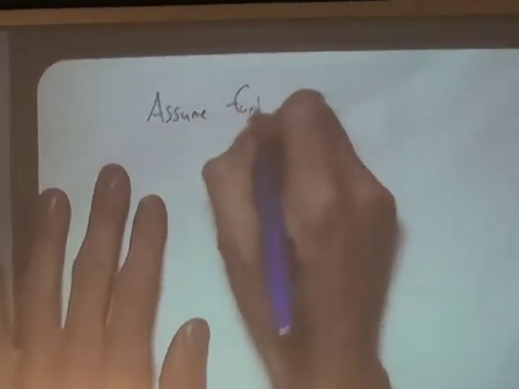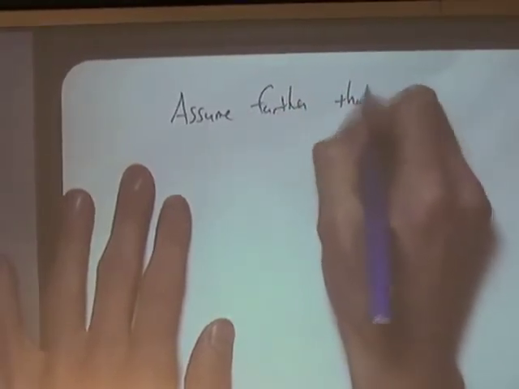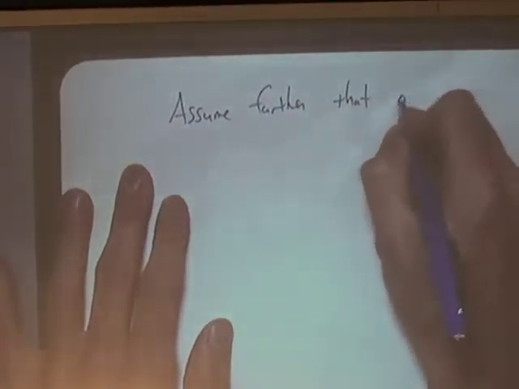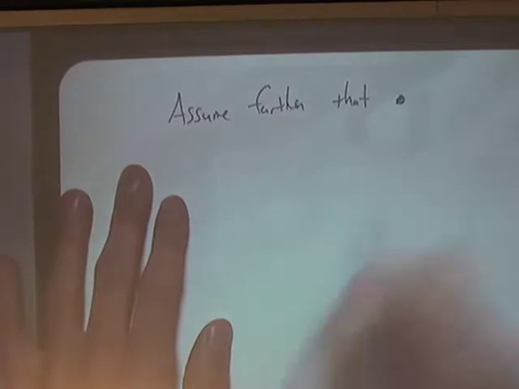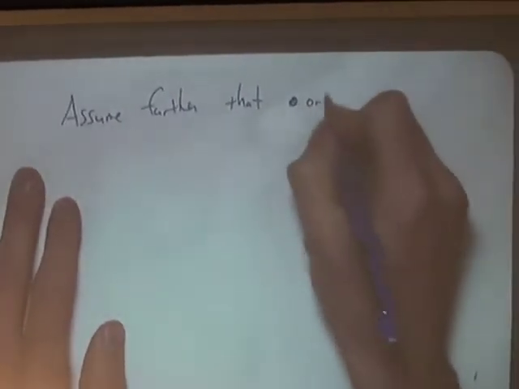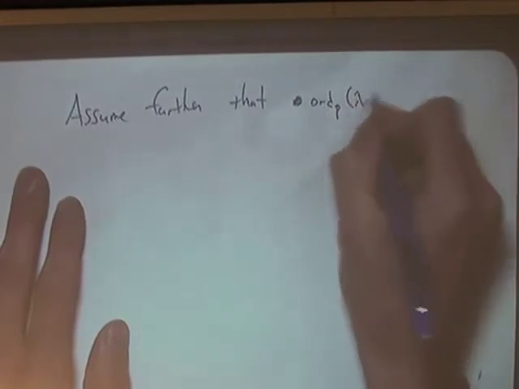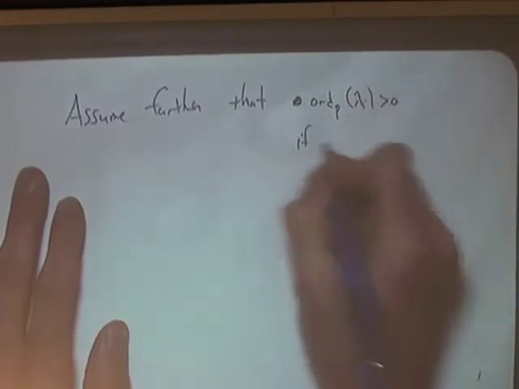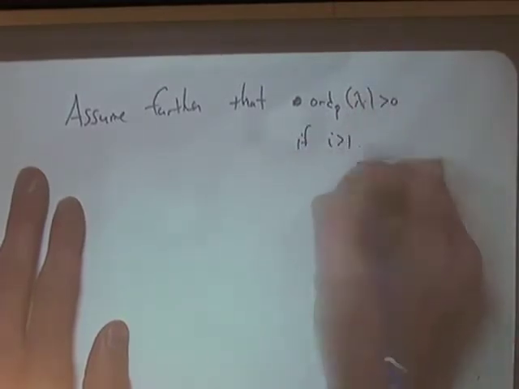So let me make some more assumptions, just to make the argument make some sense. Let's assume further that the valuation of lambda I is positive if I is greater than 1.